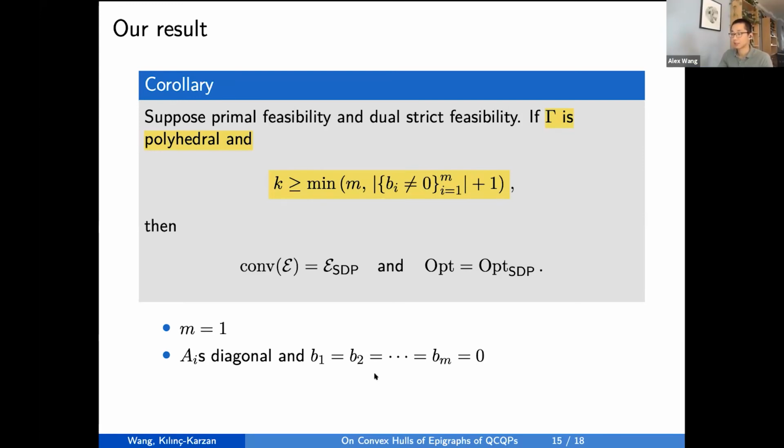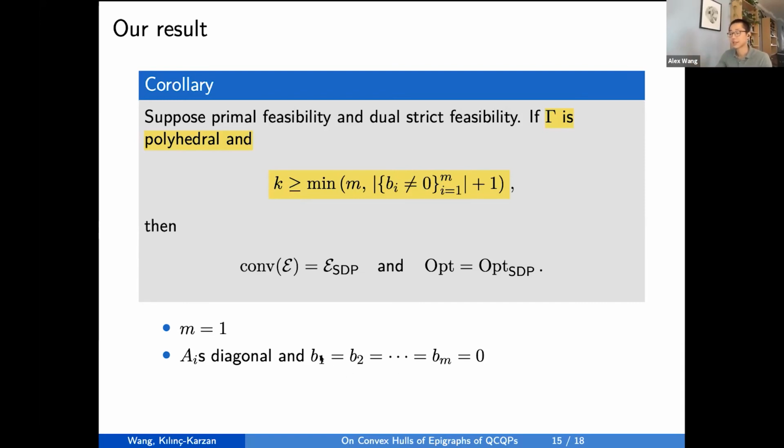So this says that as long as your constraints are centered around 0, then we can handle an arbitrary number of quadratic constraints. And this case is actually what I used to generate the pictures in the earlier part of this talk.